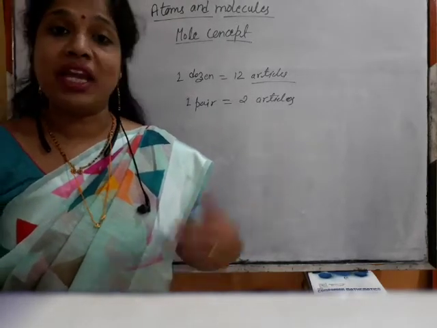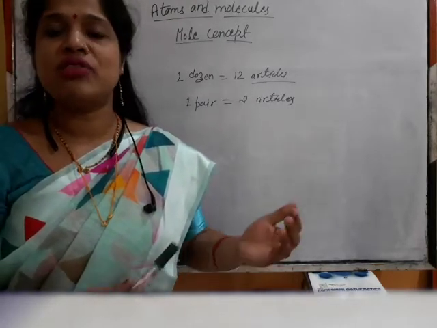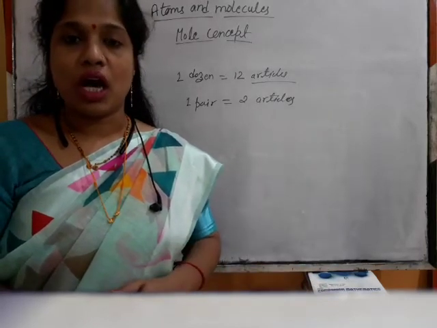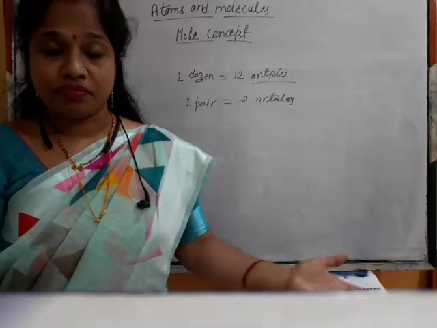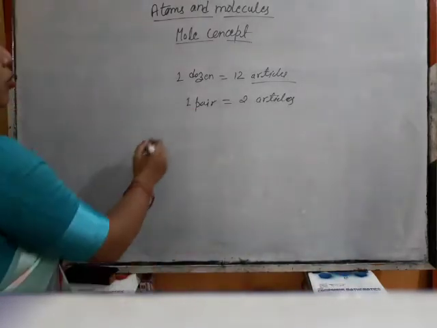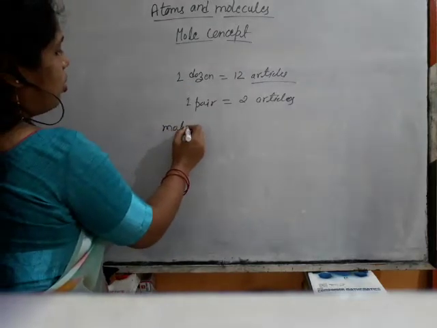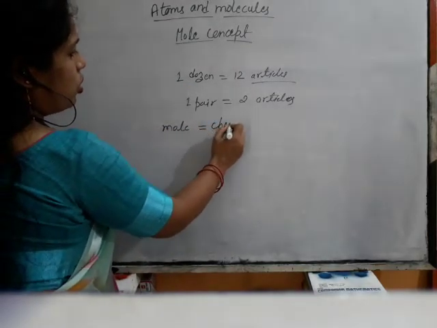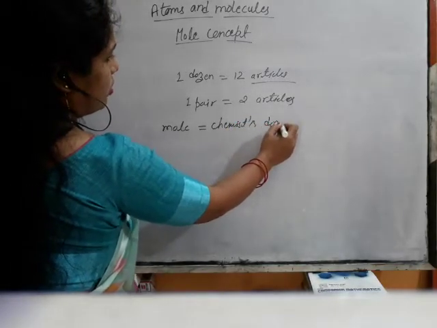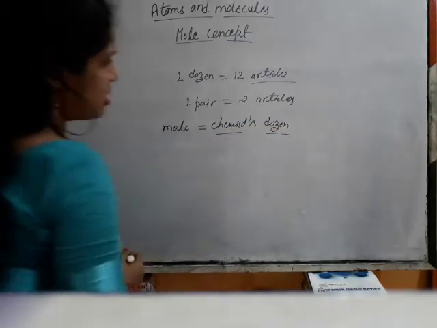Now here in chemistry, since we are dealing with atoms and molecules, how do we count the atoms, how do we measure the number of molecules? So actually 1 mole is what? Mole is equal to a chemist's dozen.